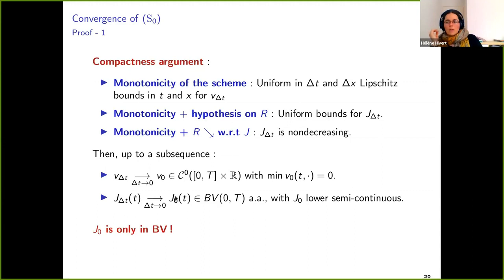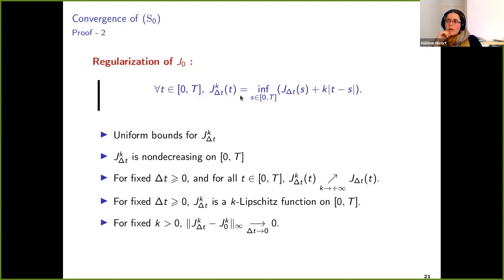So to solve the problem, the trick is to regularize j naught and j_dt, so that these j_dt^k are k-Lipschitz functions, and the uniform bounds and the properties of j_dt are preserved: uniform bounds, non-decreasing.